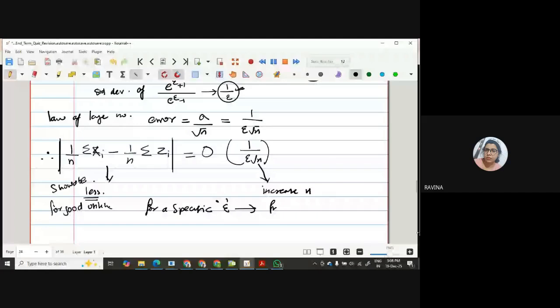When you increase n, for a specific epsilon, which you get from privacy, you then select n for utility. Is this okay?